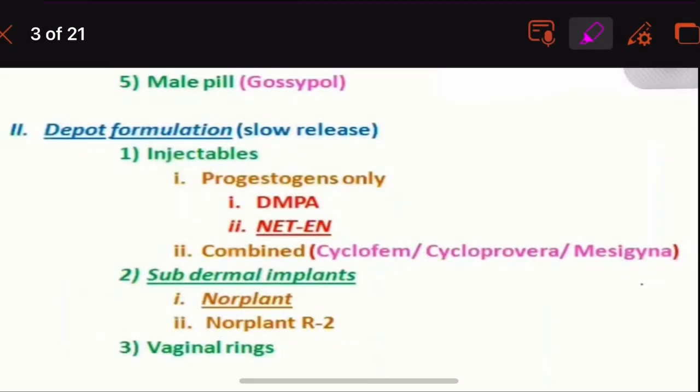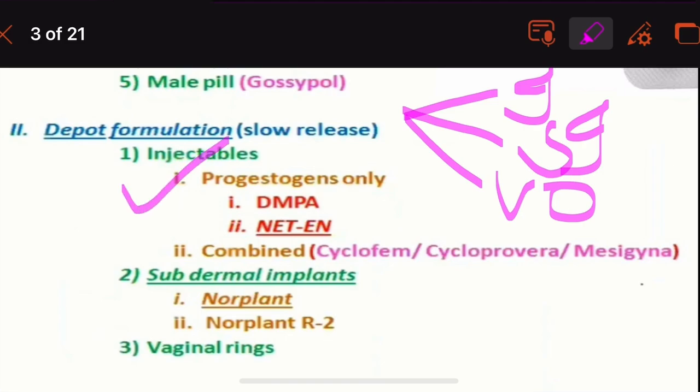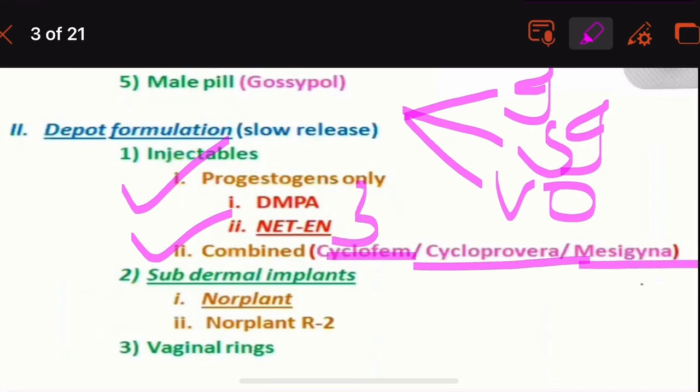I hope it's clear, guys. Now, let us list them out. What are those 3 headings under depot formulations? We have injectables, subcutaneous implants, and vaginal rings. Under injectables, remember progestogen only and combined: DMPA, NET-EN, and combined Cyclofem, Cycloprovera, Mesigyna.